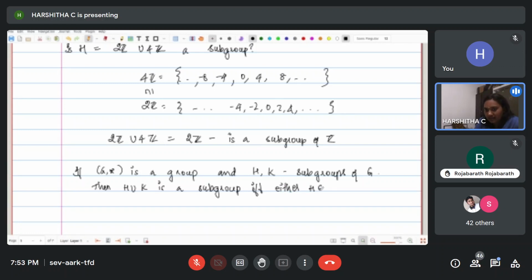So either H is contained in K or K is contained in H. So you can show that if this condition is not satisfied, then the union can never be a subgroup.